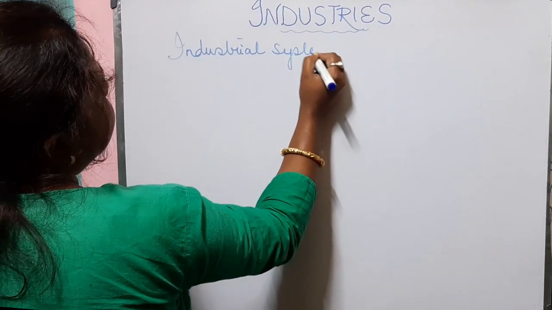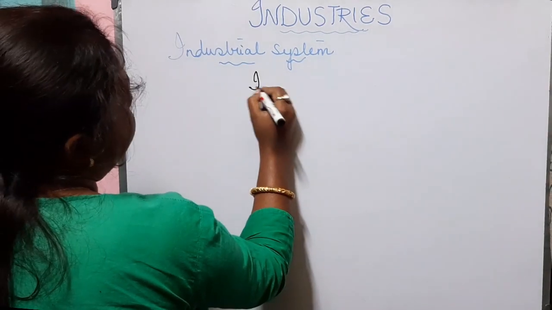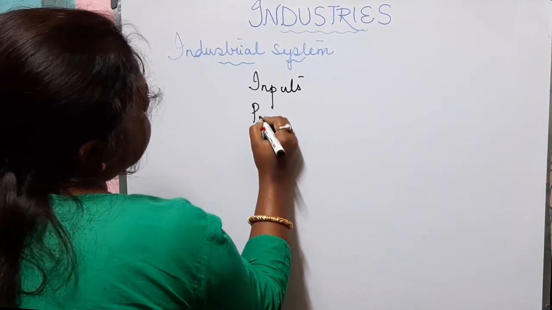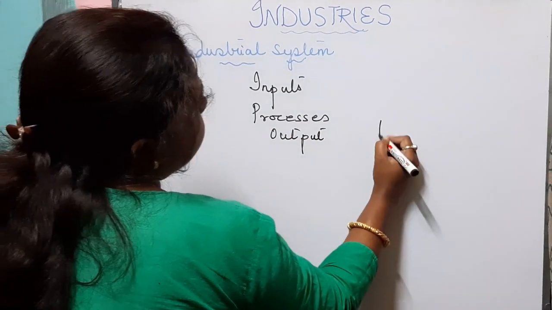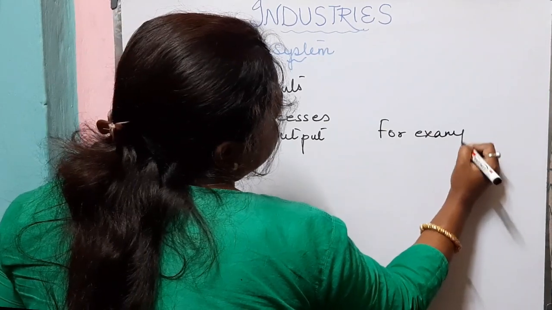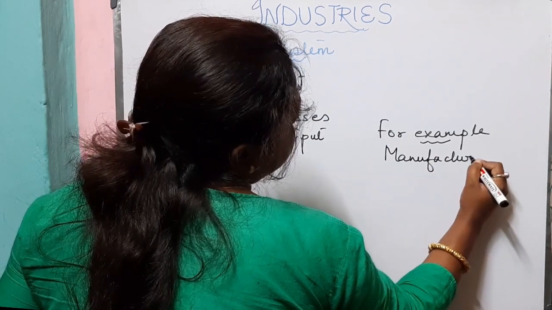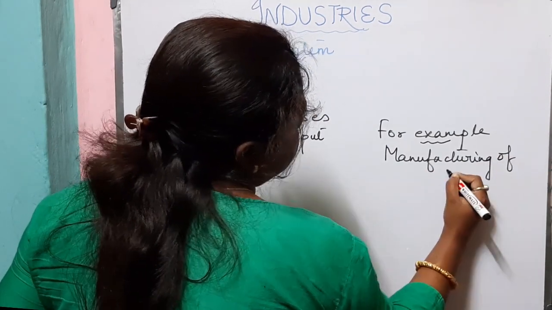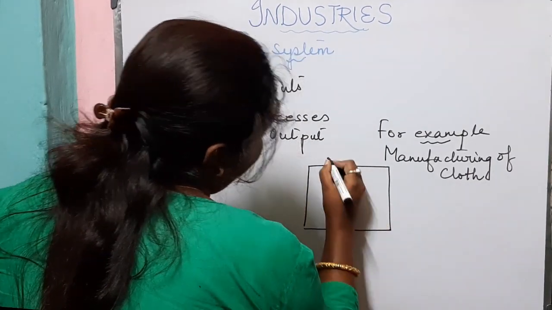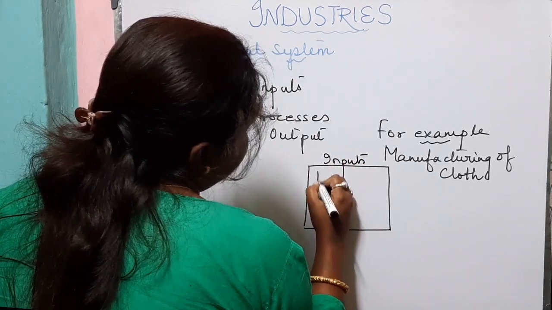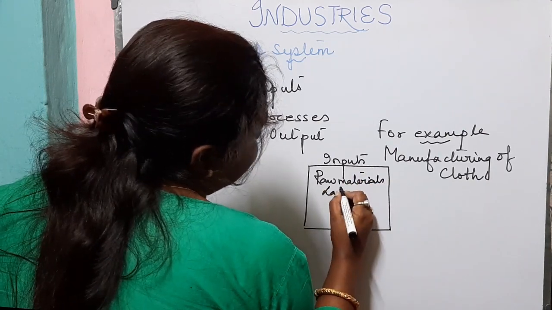Industries are also seen as a system because they consist of inputs, processes, and outputs. For example, if we talk about the manufacturing of cloth, then we have the inputs. What are the inputs? We have the raw materials. The cotton balls are the raw materials. We have labor.